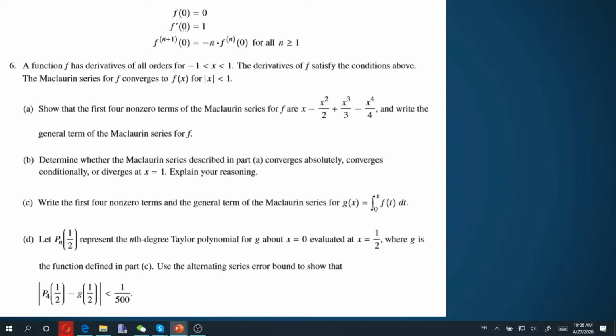Okay, so we were told that the first derivative at 0 is 1. So if that's true, let's write a general form instead.